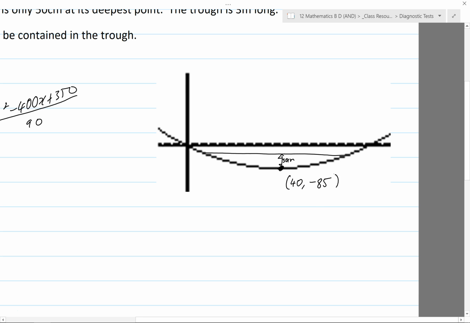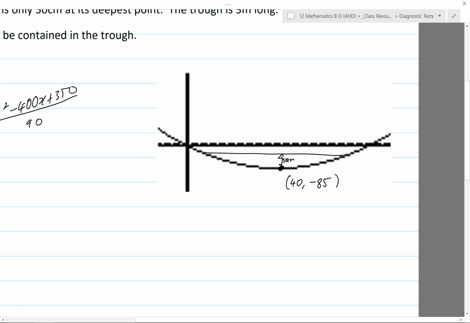So on my calculator, I'm going to also graph this horizontal line, which is really y equals negative 35. Okay, it's 50 above the minimum. Okay, so this is now turned into an area between curves problem.